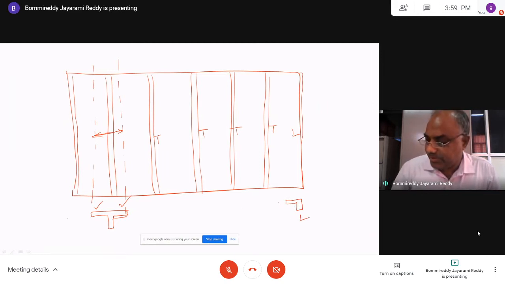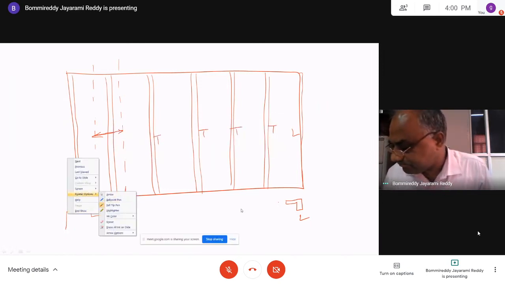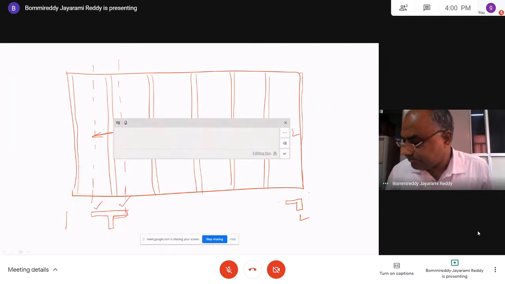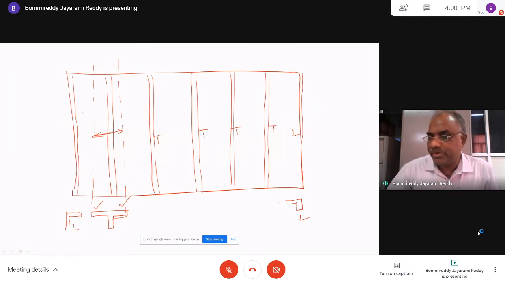Similarly, this end beam is also having a flange only on one side, so this is also called an L-beam. So all end beams in a hall are L-beams, and all intermediate beams are called T-beams.